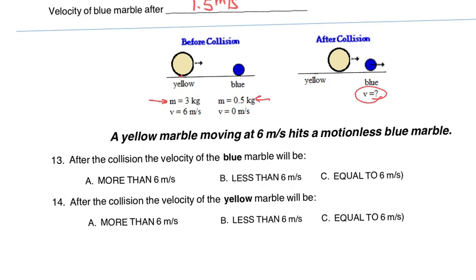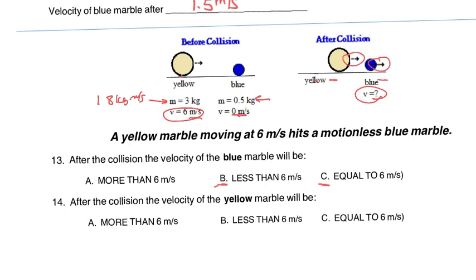So when they hit each other, we want to know if the velocity of the blue marble is going to be more than 6 meters per second, because that's the velocity of the yellow one at the beginning, less than 6 meters per second, or equal to 6 meters per second. In this case here, the momentum here is a total of 18 kilograms meters per second, because this one isn't moving. This still has the same mass, and this still has the same mass afterwards.